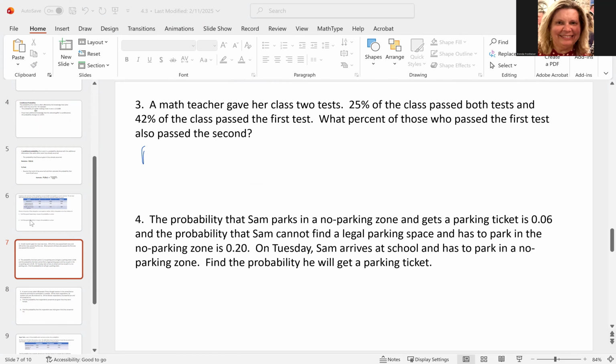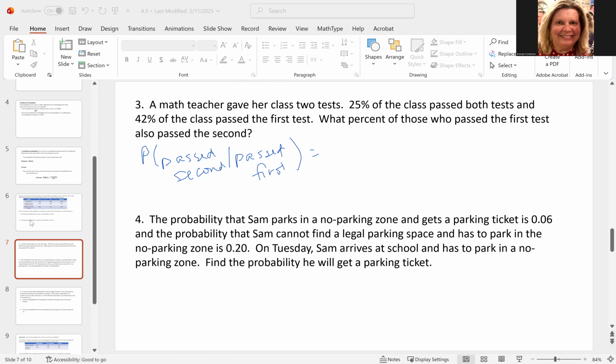With the probability that out of those who passed the first, that's my given. So out of those who passed the first, how many also passed the second?